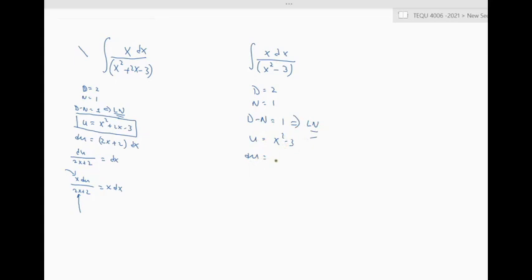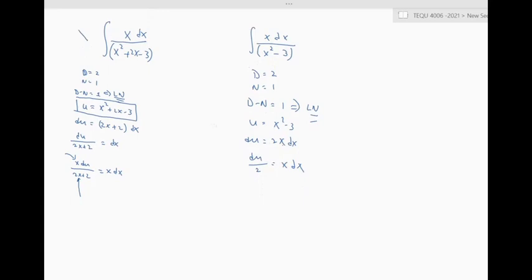The du here will be 2x dx, and now, as you can see, I have an x dx right here at the top of it, so it's easy to say that du over 2 is x dx. And now I can definitely substitute by definition of x dx is du over 2. I can put the 2 back here, and what I have in the denominator, x squared minus 3, that is u.